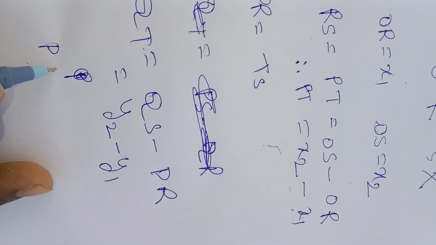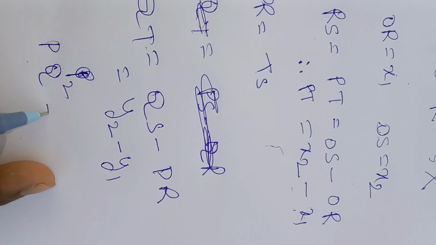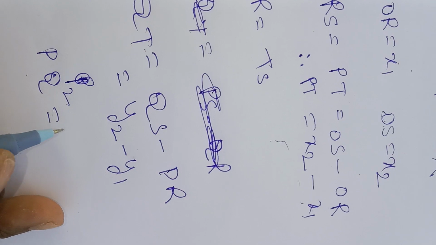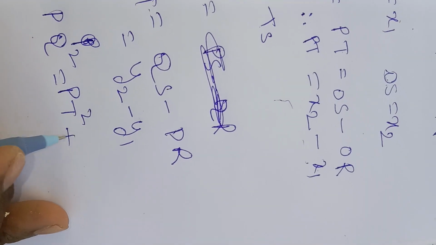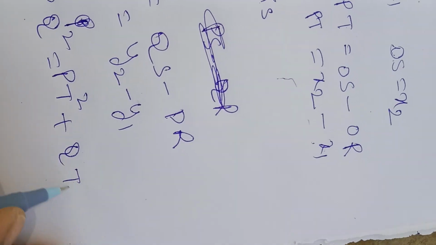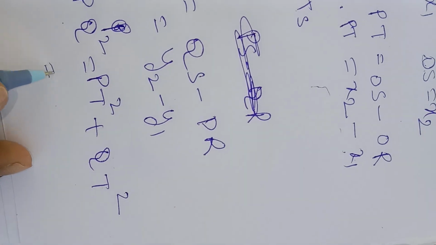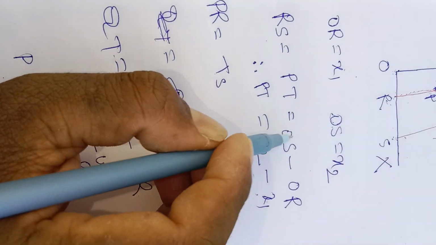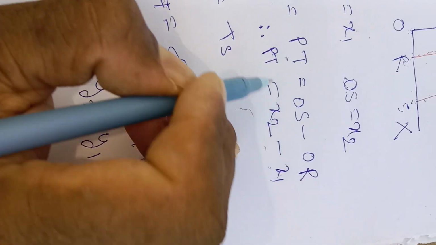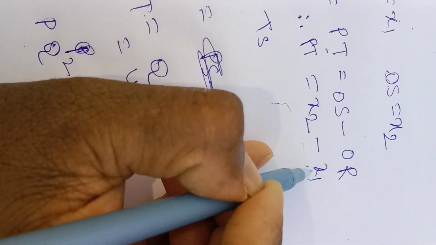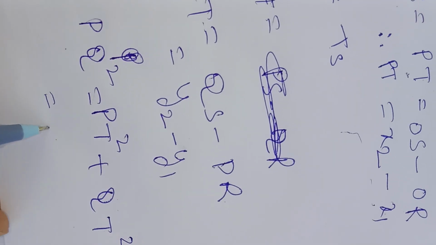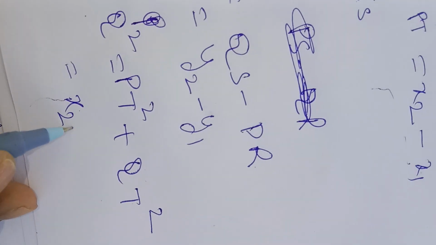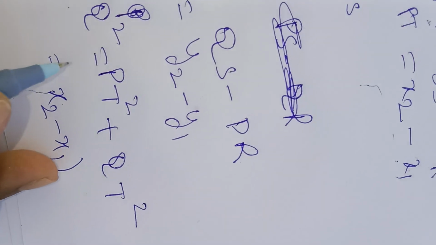Below I will write PQ square equal to PT square plus QT square. PT corresponds to x2 minus x1, so substitute that value. In the place of PT, we will write x2 minus x1.